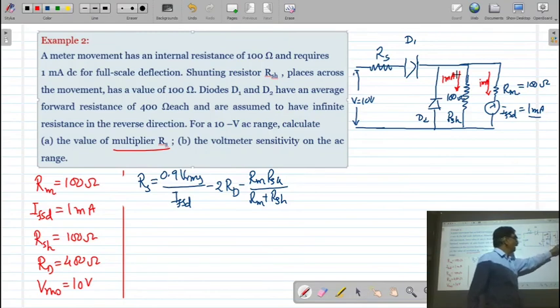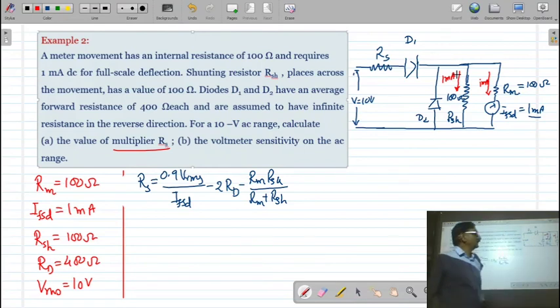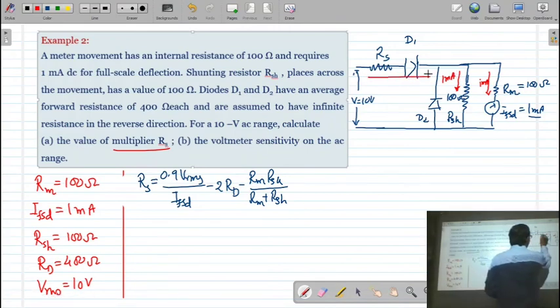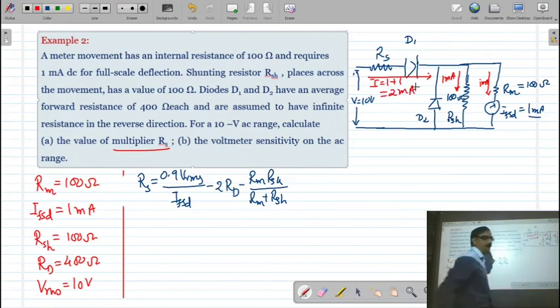So when 1 milliampere passes in the meter, 1 milliampere also passes through the shunt resistance. So the total current passing through the circuit is 1 plus 1, that is 2 milliampere.